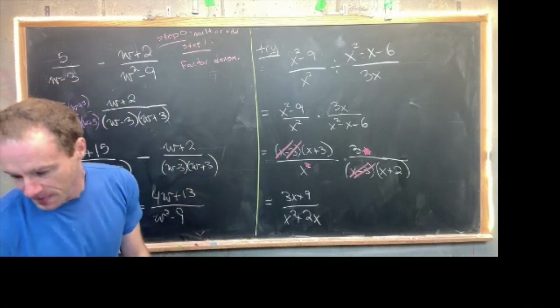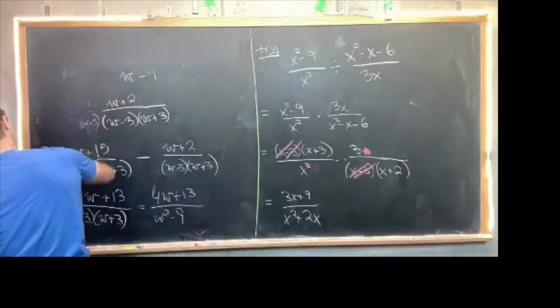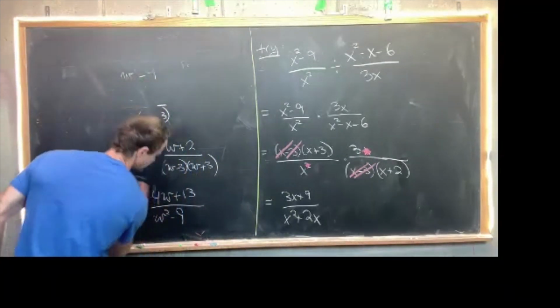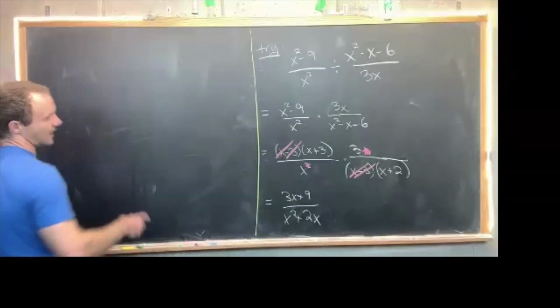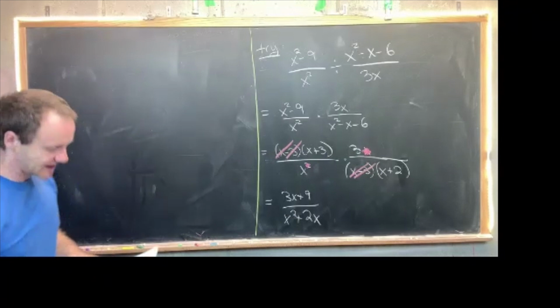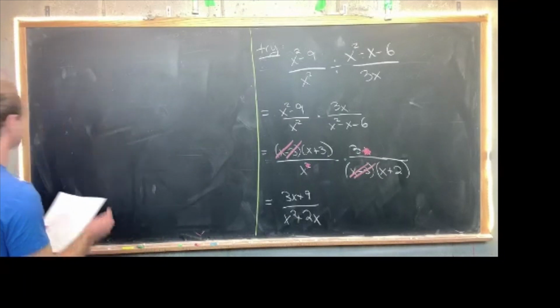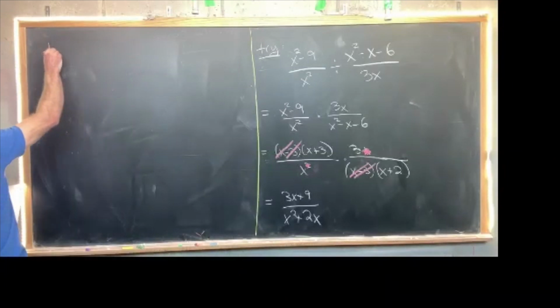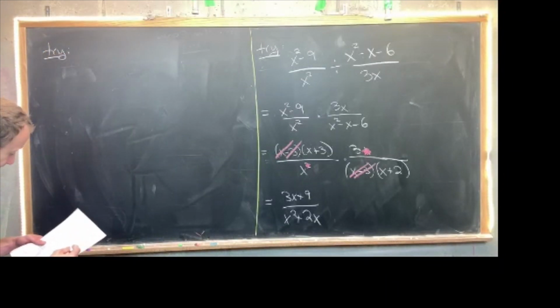Okay, so I'm gonna give you guys another one to try, and then a few minutes to do that one, and then we'll do some more. So let's say here's another little exercise.